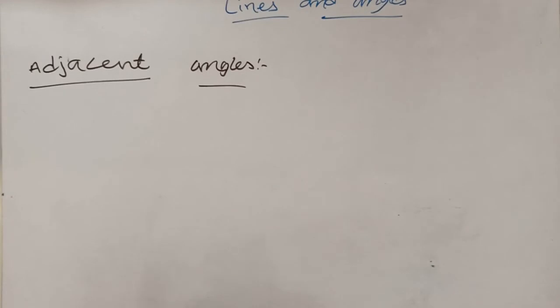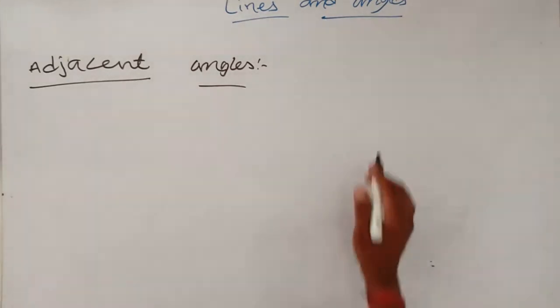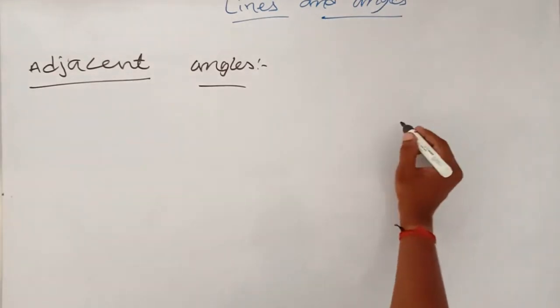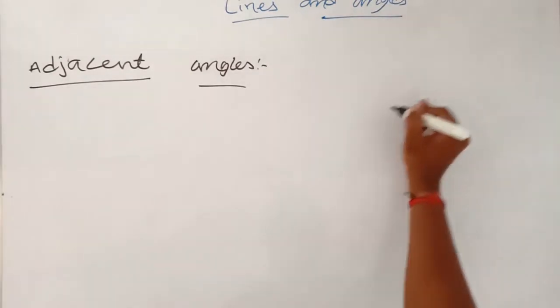The next angle is adjacent angles. So children, adjacent angles means two angles are said to be adjacent if they have the common arm and vertex.